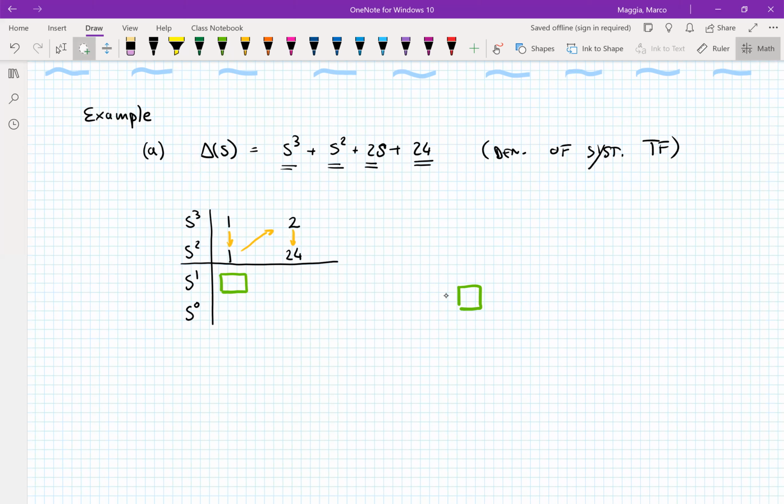So using the figure 8 approach, we have 1 times 2 minus 1 times 24, everything divided by 1. So 2 minus 24 divided by 1, and this is minus 22.